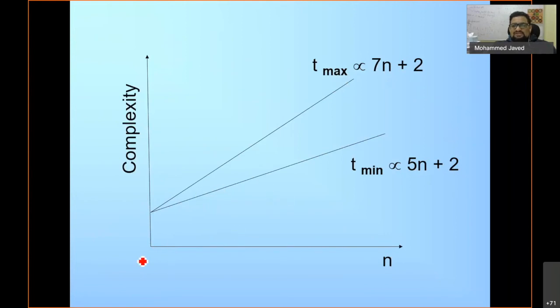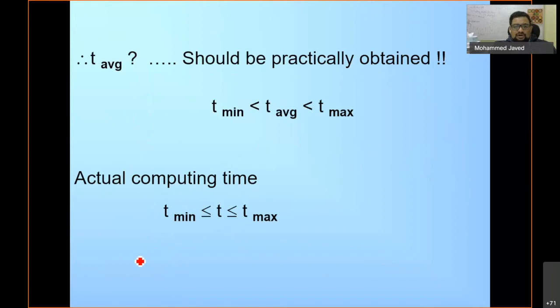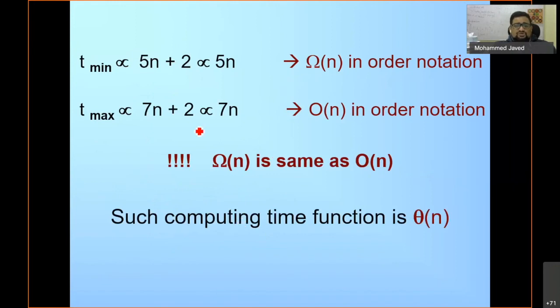So this is the complexity graph of this particular algorithm. And now T average should practically be obtained in this case. The actual computing time T is greater than T minimum and less than T max. In order notation, T minimum, the best case, becomes omega of n, and T max, the worst case, becomes big O of n.